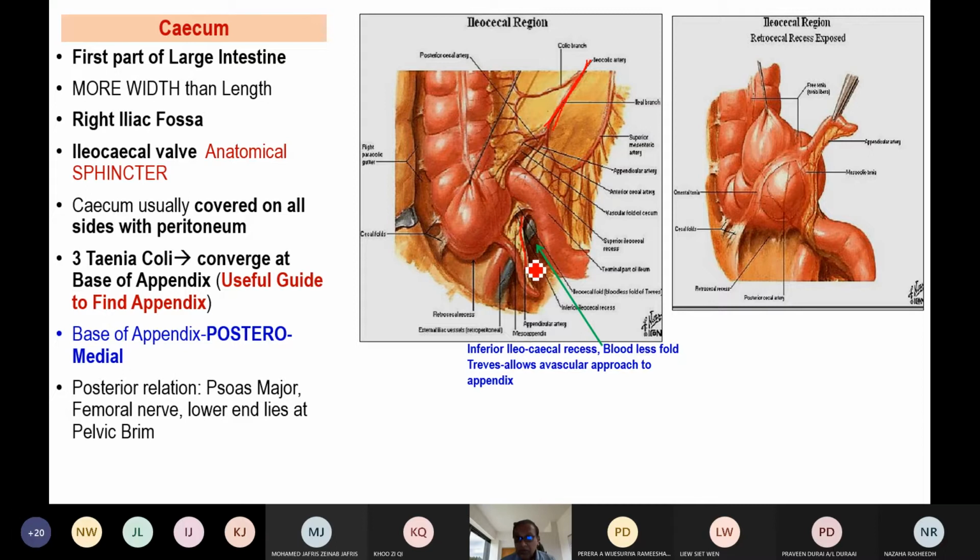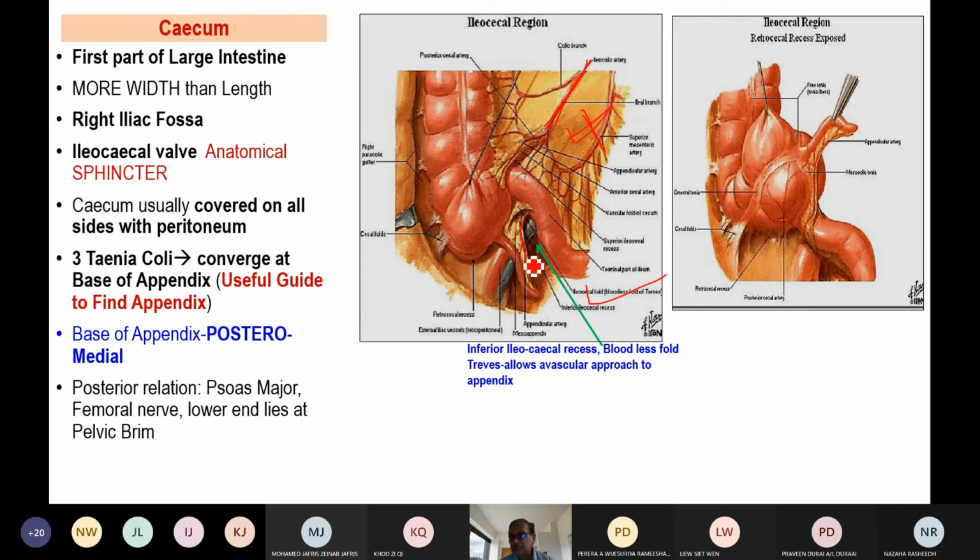So if I want to ligate the appendicular artery with the aim to do appendicectomy, where will I put my scalpel? Here or here? The answer is no. You cannot put it here. The superior ileocecal recess is full of blood vessels, so you should not put any instrument there. So where should you start?